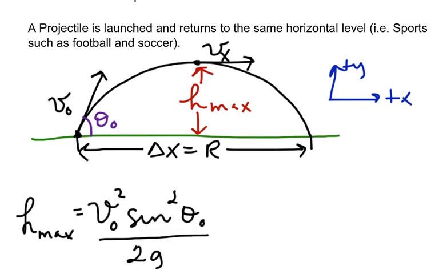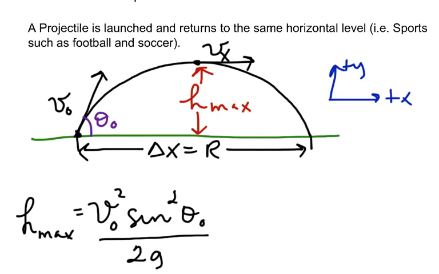So your first equation here can be used to find your maximum height in this trajectory. Notice that this equation is not on your formula sheet, but you should memorize it or put it in your graphing calculator. So your h sub max is equal to your v sub naught squared multiplied by sine squared theta sub naught all over 2g.